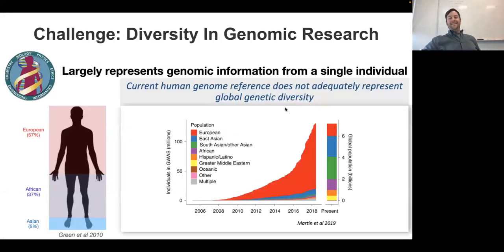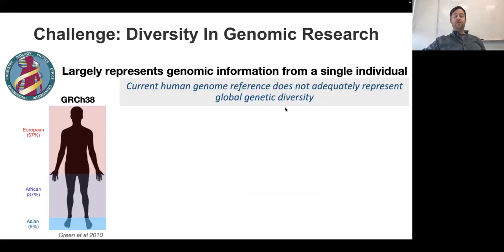So the HPRC, in terms of what we're trying to do, is increase the diversity in genomic research. In particular, we're attacking that at the level of the reference genome. What are you using when you align data? What are you using when you actually look at the reference genome?